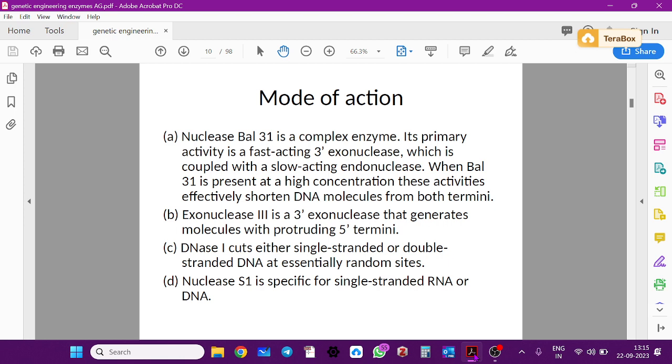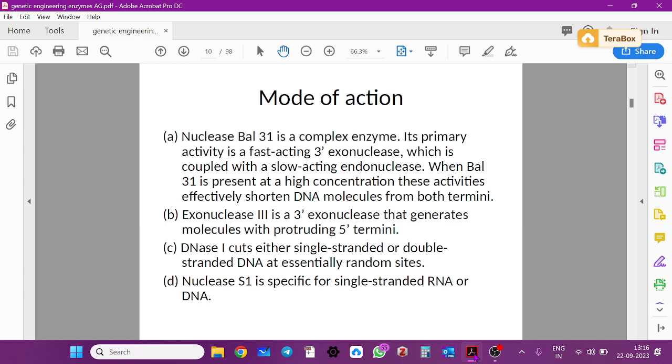And it is coupled with a slow-acting restriction endonuclease. It's exactly where the word restriction comes from: it restricts the viral DNA which comes into the bacteria.